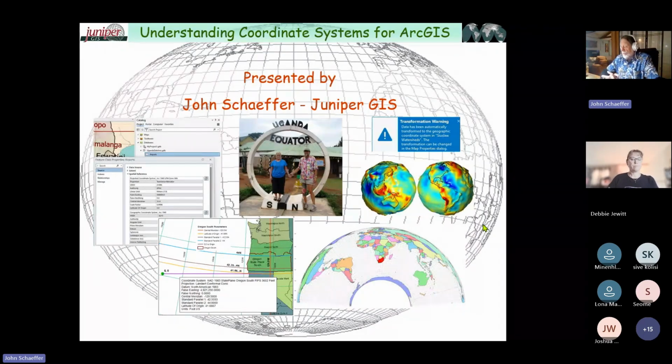So, like Debbie mentioned, I've been working with this quite a while, about as long as she has, maybe. And this presentation is about 30 years old. And I wrote it because I needed to understand how coordinate systems projections really work, especially in ArcGIS.